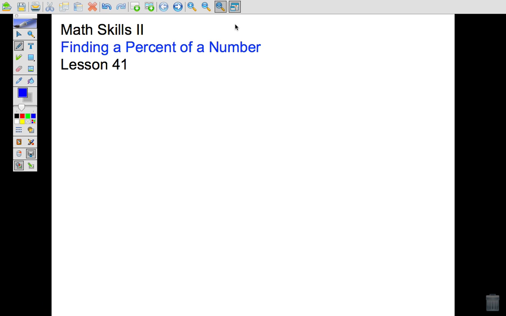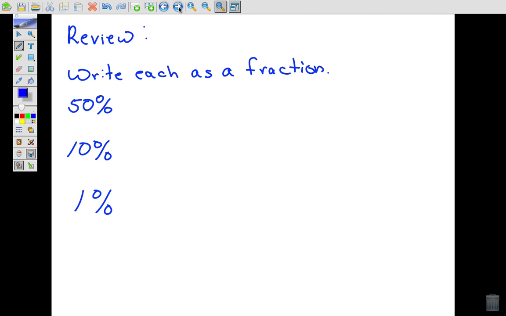Okay, the topic for lesson 41 is called finding a percent of a number. And just to show you some of the problems where we've already worked with percents, we've done these type of problems. Here they want you to write each as a fraction. So if I took 50% and I want to write that as a fraction, what does percent mean?